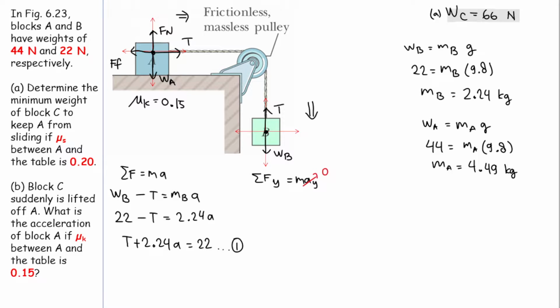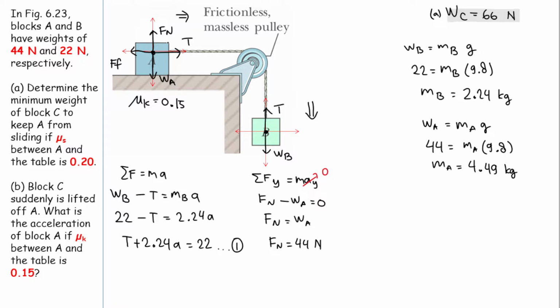So I have 0, and Fn and Wa cancel each other: Fn minus Wa equals 0. That means the normal force is equal to the weight of A, which is given as 44 Newton. So Fn is equal to 44 Newton.